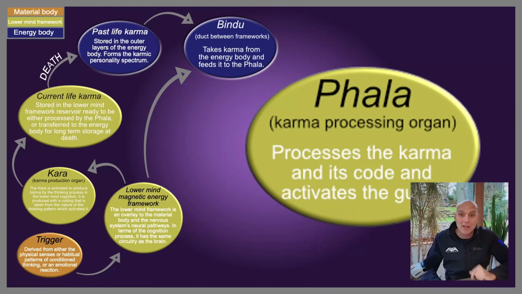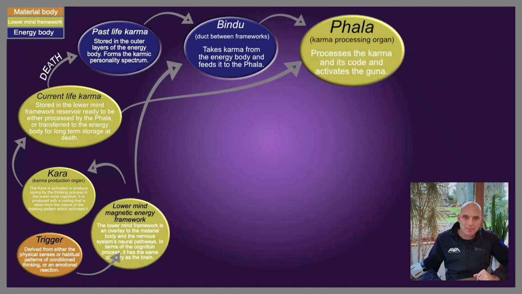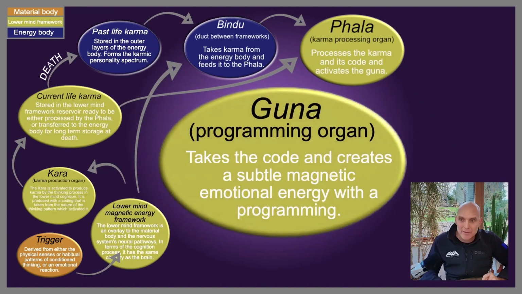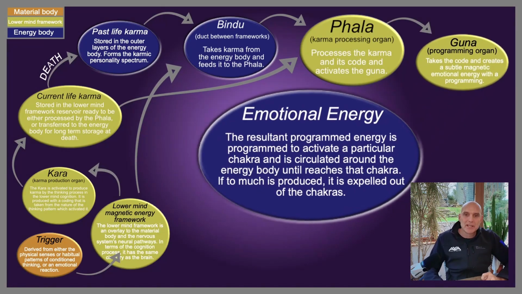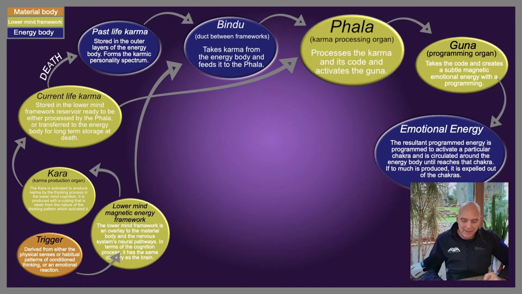And when that phala processes it from past life and from current life, then it's going to produce an emotional energy with the coding for exam anxiety. So the guna produces the emotional energy. That emotional energy then goes to a particular chakra.